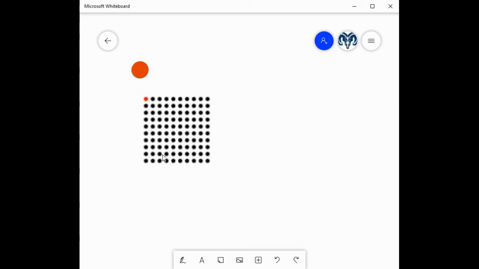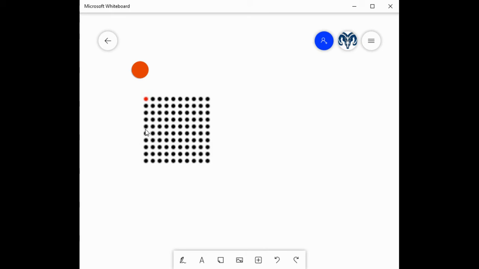So if I say to you that I have 100 centimeters, and each one of these is a centimeter, or a gram, or a liter, it doesn't matter, there are 100 dots here.